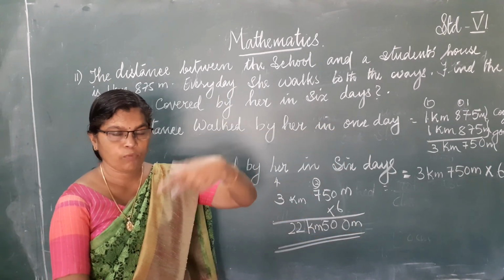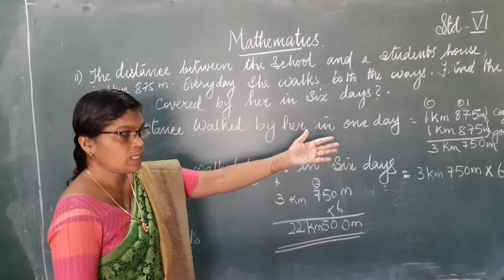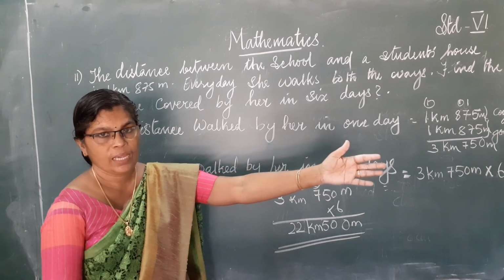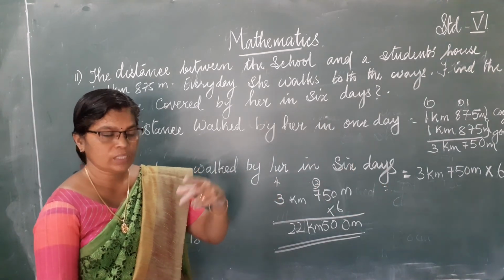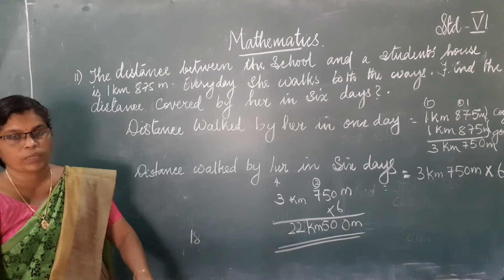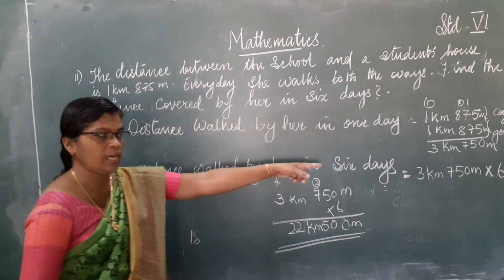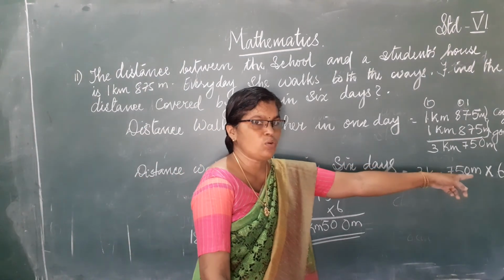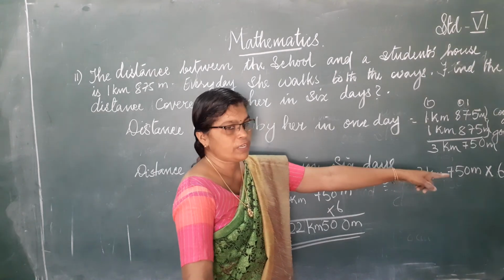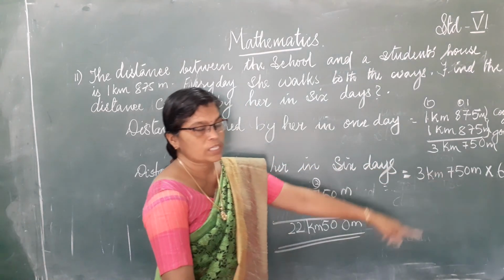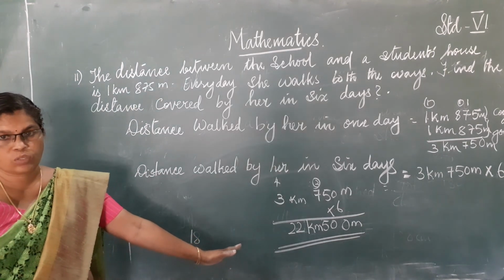Both can be done. She walks that in 1 day. Now the question is, in 6 days how much distance will she walk. So that is 1 day's distance into the number of days: 3 kilometer 750 meter into 6. When you multiply you get this much distance she has to travel.